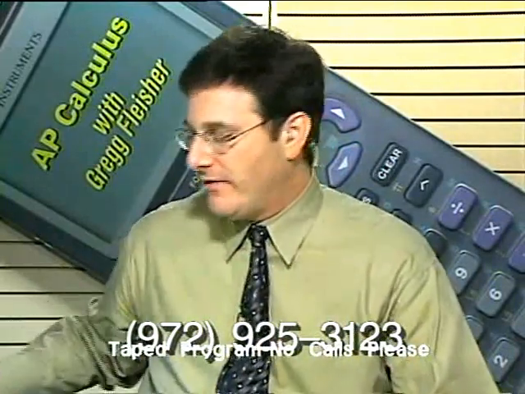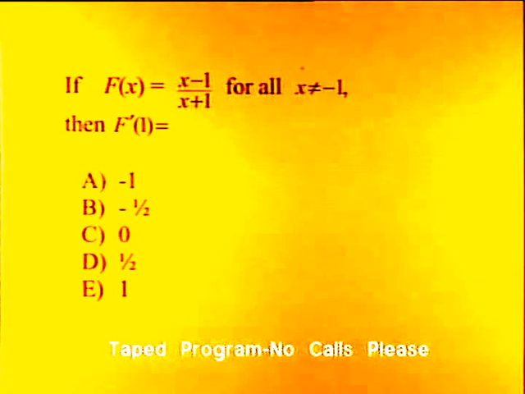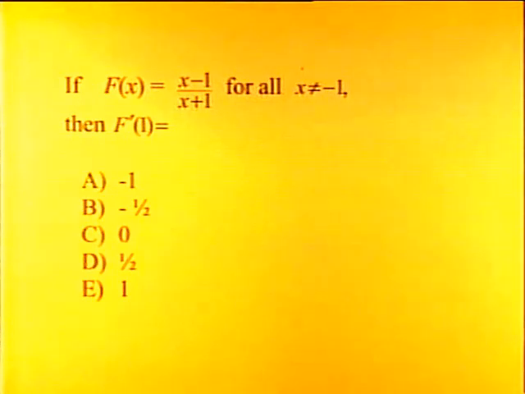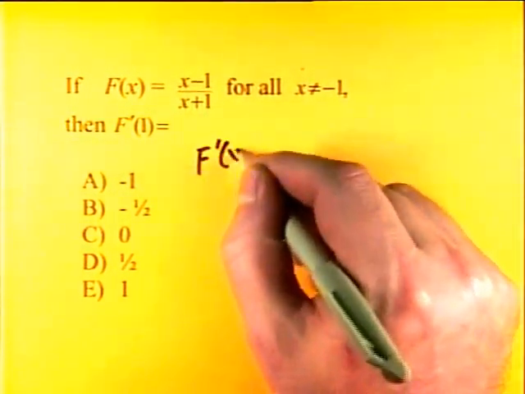Okay, let's do a derivative problem for you. If f of x is equal to x minus 1 over x plus 1, for all x not equal to negative 1, then what's f prime of 1, Evelyn? If this is f of x, what's f prime of x equal to?